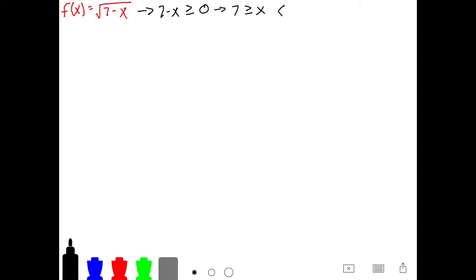Now for the number line, we'll write it out labeling 0 and 7. And above the 7, you will have a closed dot or circle with an arrow going towards the left. And in interval notation, we have the domain written as negative infinity to 7 with a bracket, because again, the closed dot is associated with the bracket.